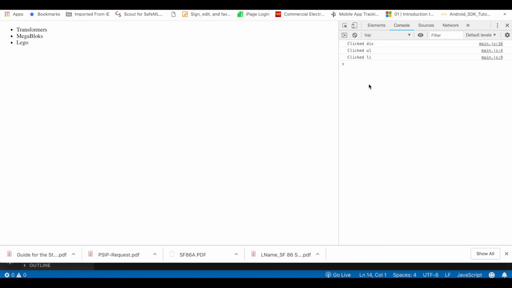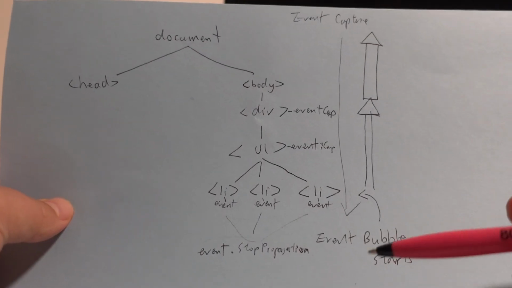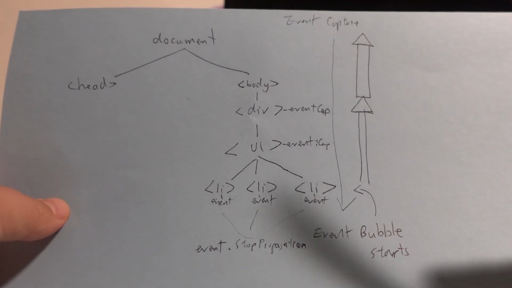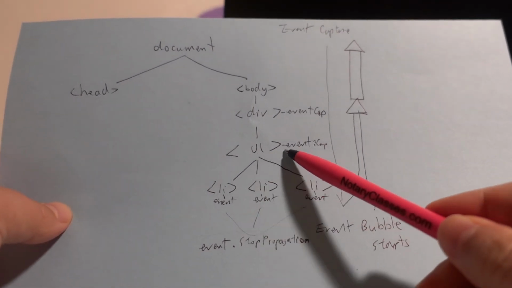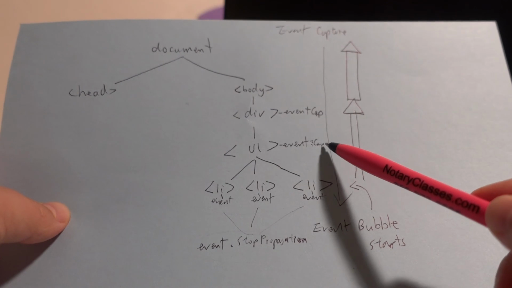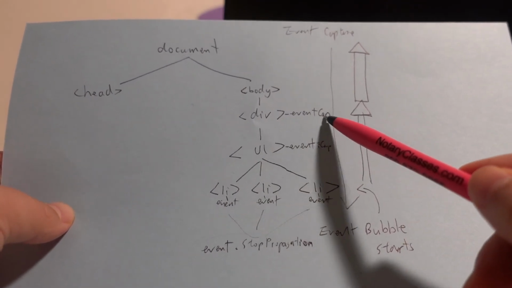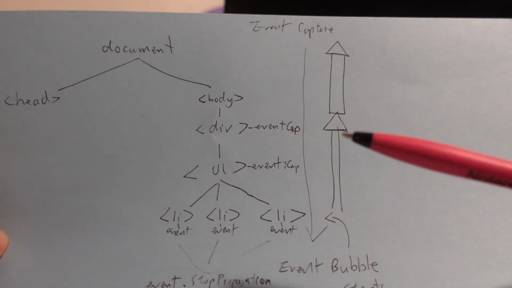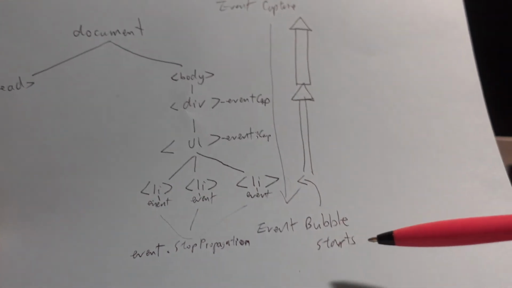So what's happening in here? All right, so what just happened? We set the UL to register in the event capturing, and the div in the event capturing phase as well, right? Remember, event capturing happens before the bubbling.